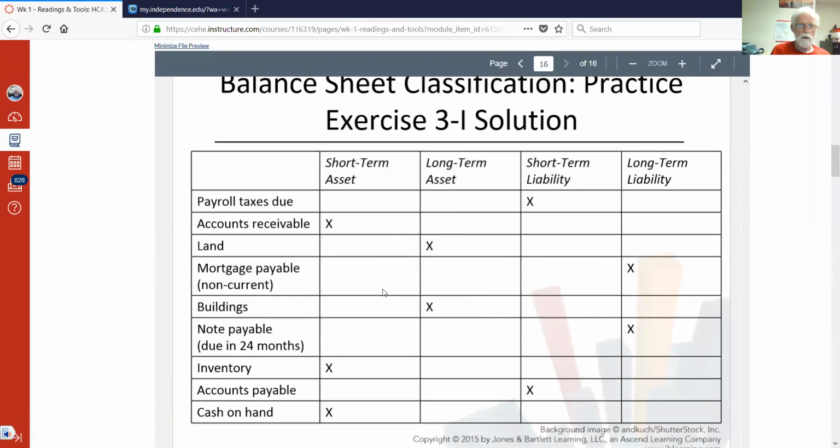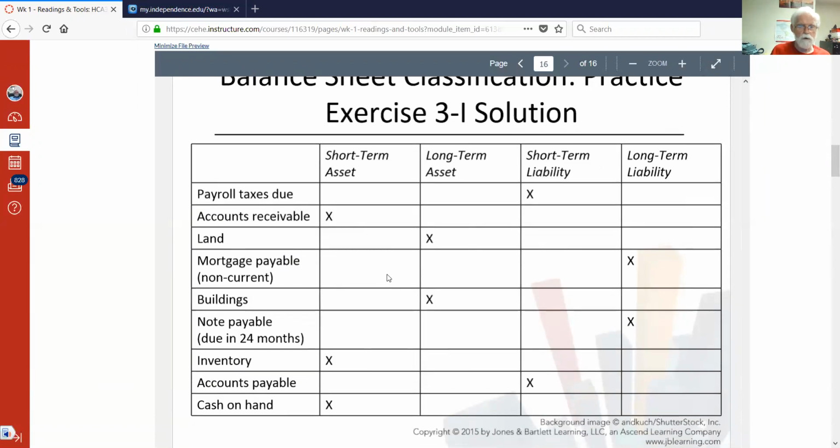Okay. So a short-term asset would be accounts receivable, inventory, and cash. Inventory, we don't generally talk about inventory as a long-term asset because the idea of inventory is that you use it. And there's, of course, the issue of turnover of the inventory. Long-term assets would be hard assets, real assets.